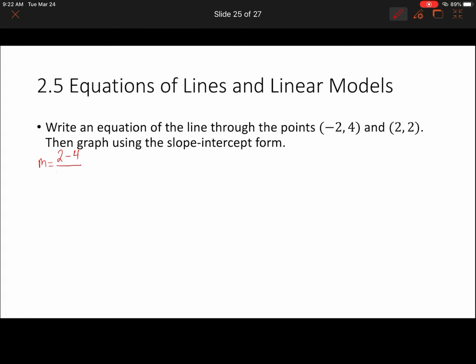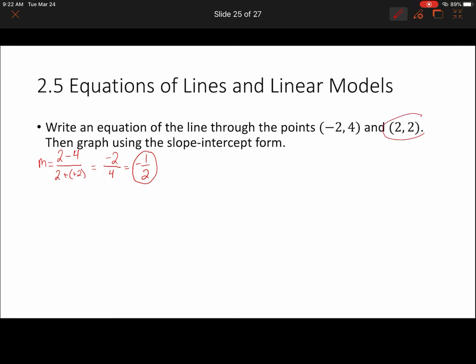Again, the slope formula is y sub 2 minus y sub 1 over x sub 2 minus x sub 1, which in this case is negative 2. And so again, that minus and negative does make that positive. And so 2 minus 4 is negative 2. 2 plus 2 is 4. That does simplify to negative 1/2.